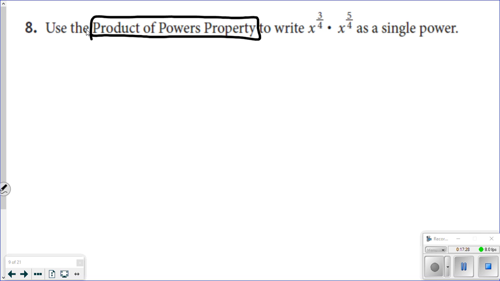So what's the base here? Are these bases the same? Yes, so I'm going to keep it. So it's x. And then what do we do with the exponents? We add them. So 3 over 4 plus 5 over 4. See if you can add those.